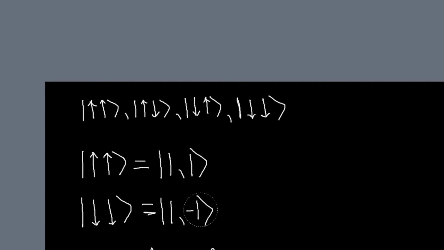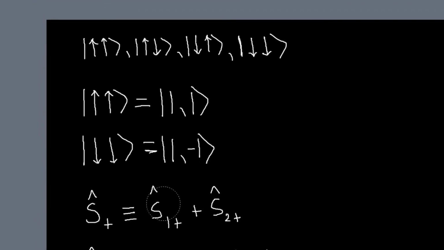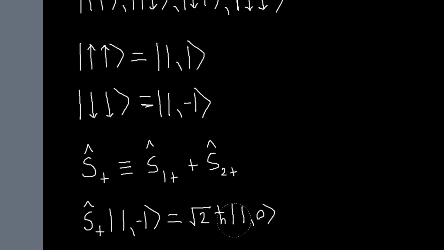So if this is a system with total angular momentum 1, we should have another state, 1,0. What we can do is define a raising operator, which is just the sum of the individual raising operators, and act it on our 1,-1 state. If we do that, we saw last time that we should get square root of 2 times h bar times the 1,0 state.